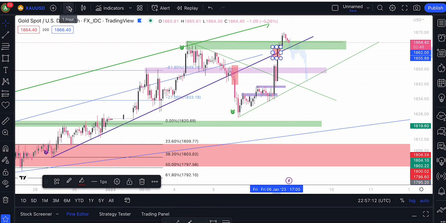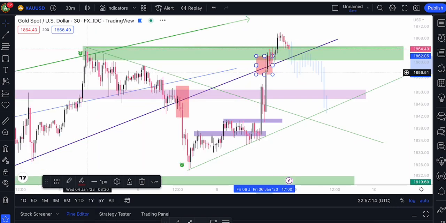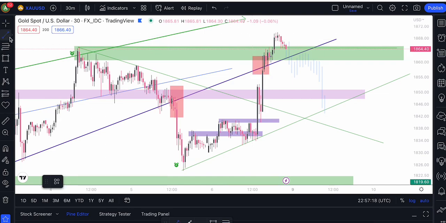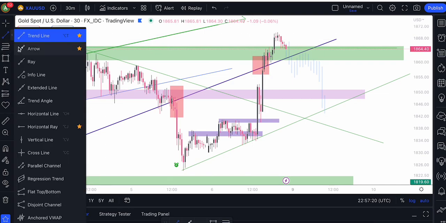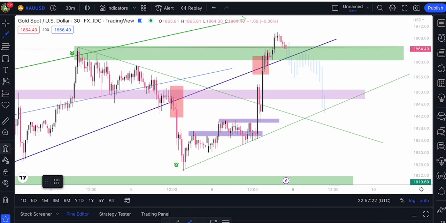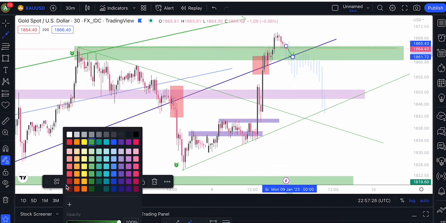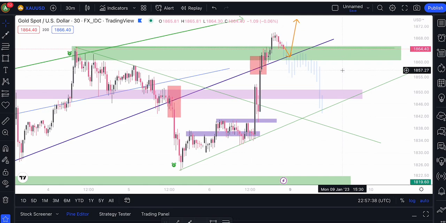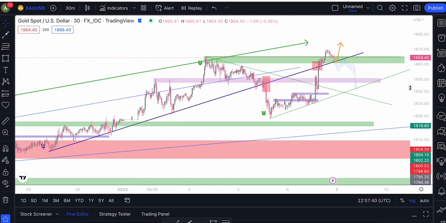So what I want to see is, and this is minor structure, I want to see if price is going to retest here and push up some. If it retests this trend line and pushes up, then what we'll do is, let me zoom out.